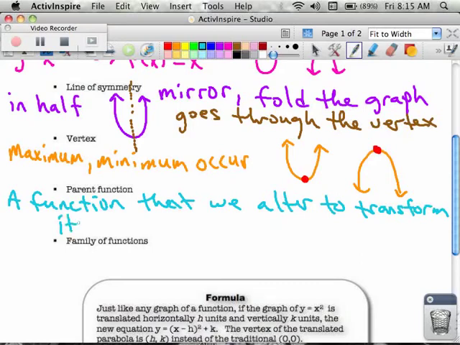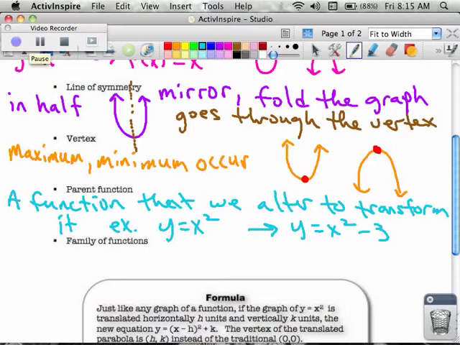For example, y equals x squared would be the parent, and we could change it to y equals x squared minus 3. What happened to the graph? It translated. How about it went down 3?